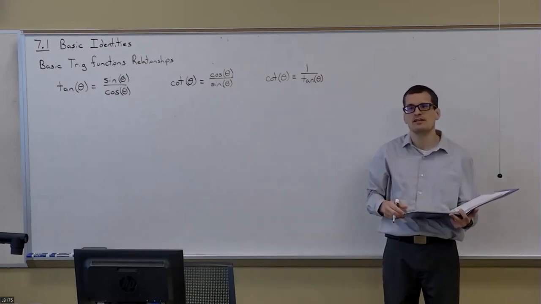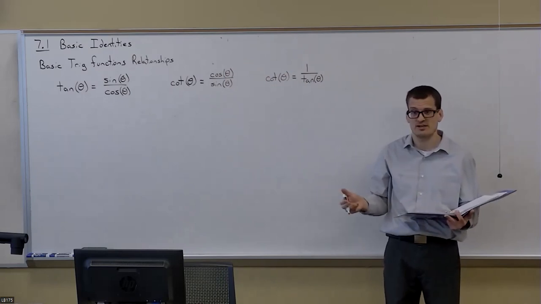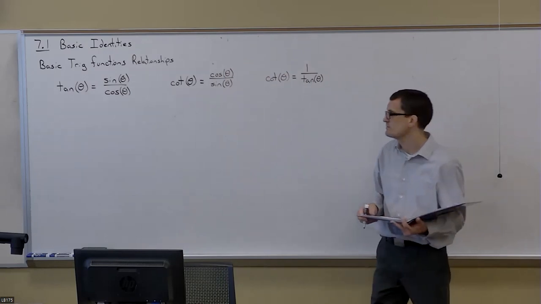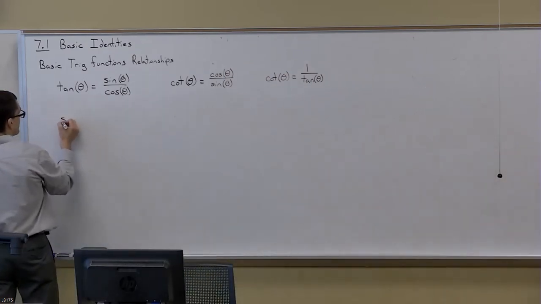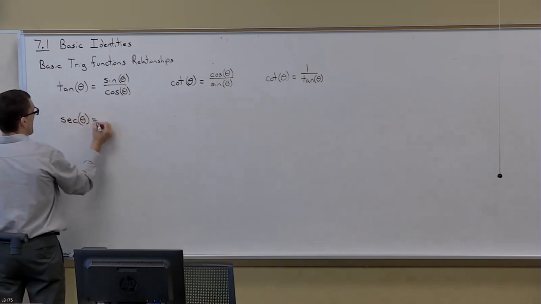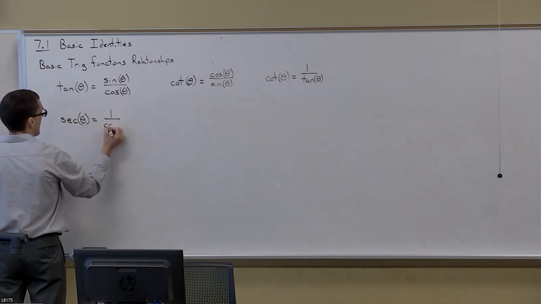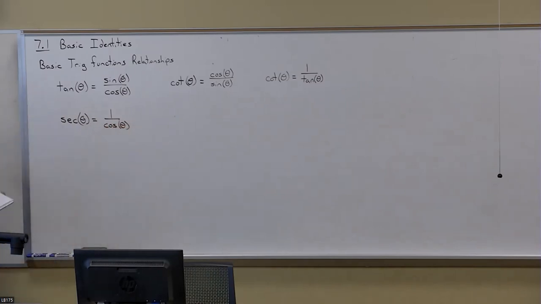You could have also written tangent of theta is 1 over cotangent of theta, right? Secant of theta is 1 over cosine of theta.